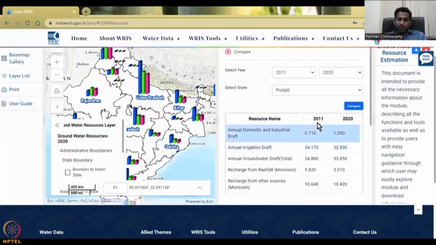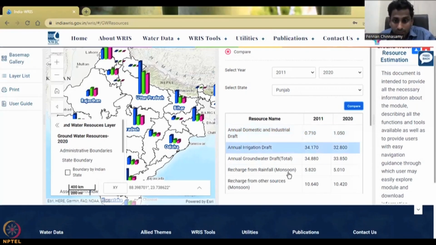So when you do a compare, now you see how much annual draft has changed. Okay. This image can still remain as one of this draft, but you can see that from 0.7, the groundwater extraction has increased to 1 billion cubic meters per year. And then your annual irrigation draft has come down.